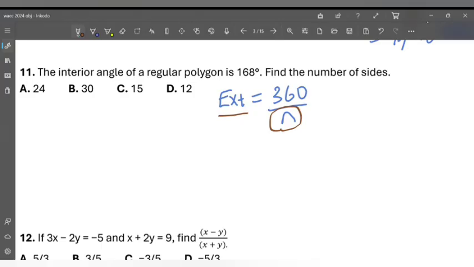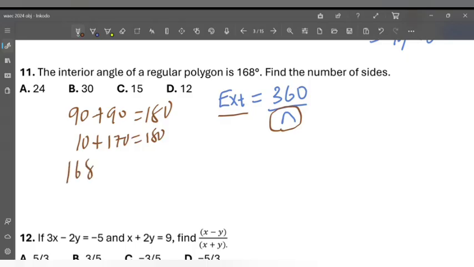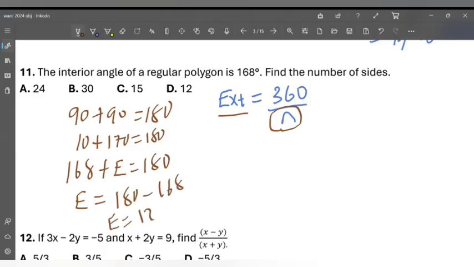So if the interior angle of any polygon is 90, that means the exterior angle will always be what? 90, because they must add up to 180. If the interior angle is 10, the exterior angle will be 170. They always add up to 180. So in this case, we are told that the interior angle is 168. So I know that if I add the exterior angle, I must get 180. So if I solve for the exterior angle, I have exterior angle is equal to 180 minus 168, which is equal to 12 degrees.